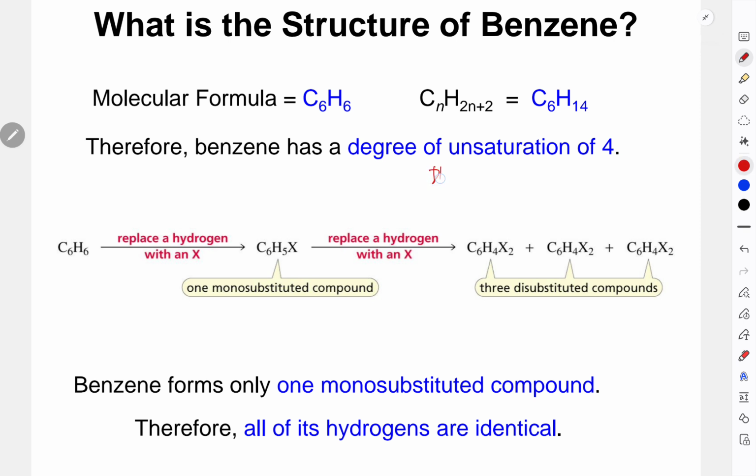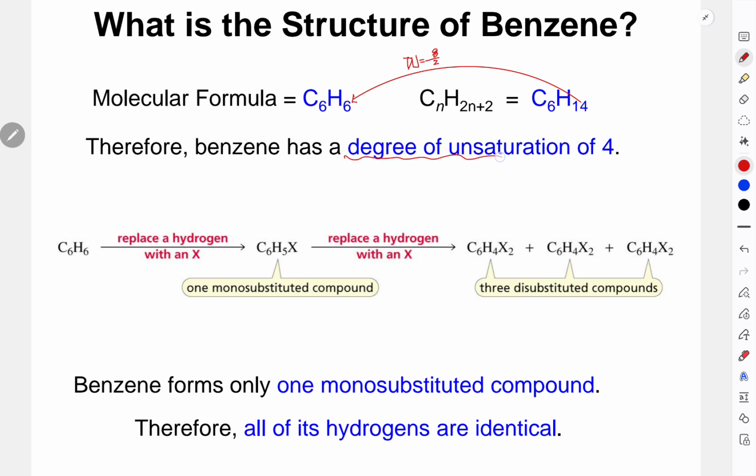If the molecule is fully saturated, then you have to have 14 hydrogens, but instead you have 6 in the benzene case. So 8 divided by 2 will give you 4 as the DU. With this magnitude of DU, you can propose a structure of benzene.